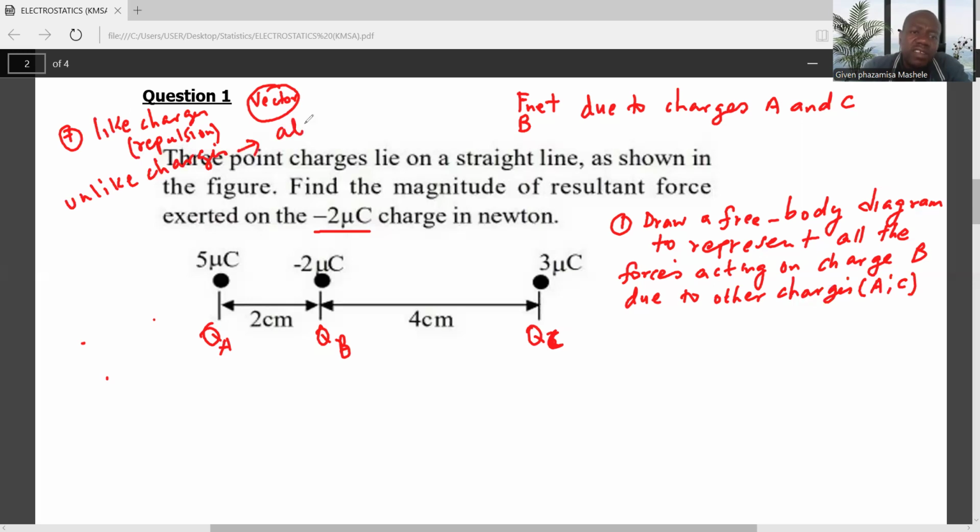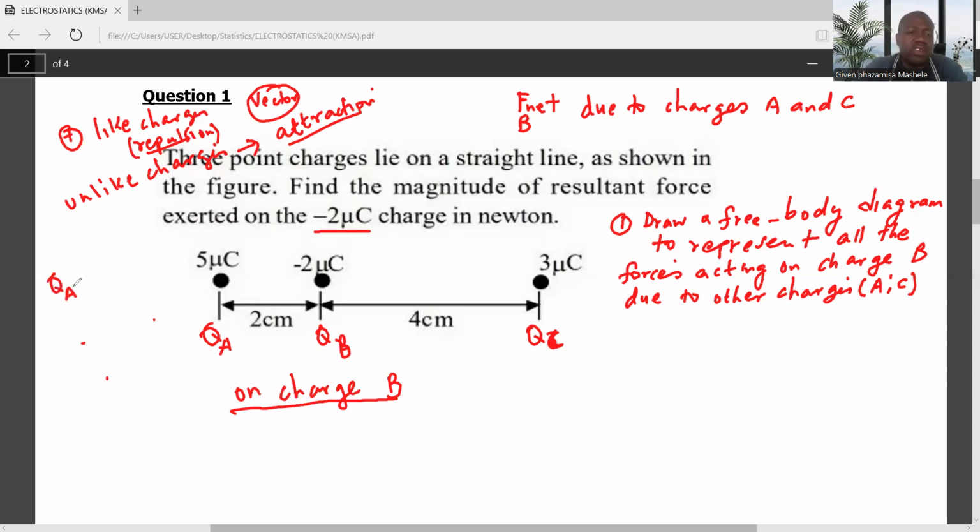So there is an attraction. So this is what we need to consider when we are going to draw a free body diagram. So we're going to say on charge B, remember charge B here is the negative microcoulomb. First of all, let's write all the charges that we have here.